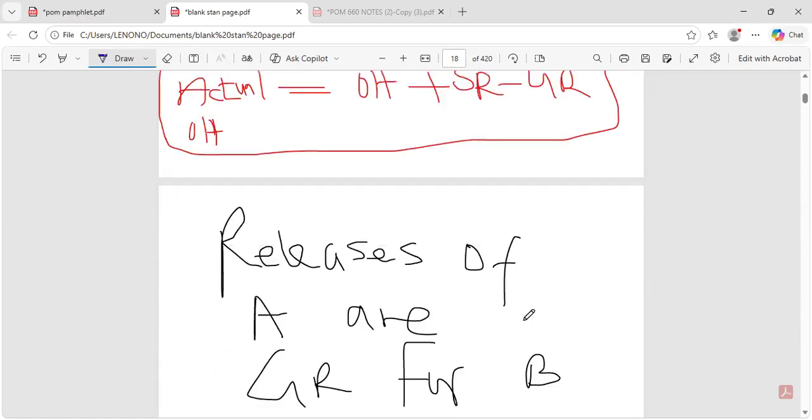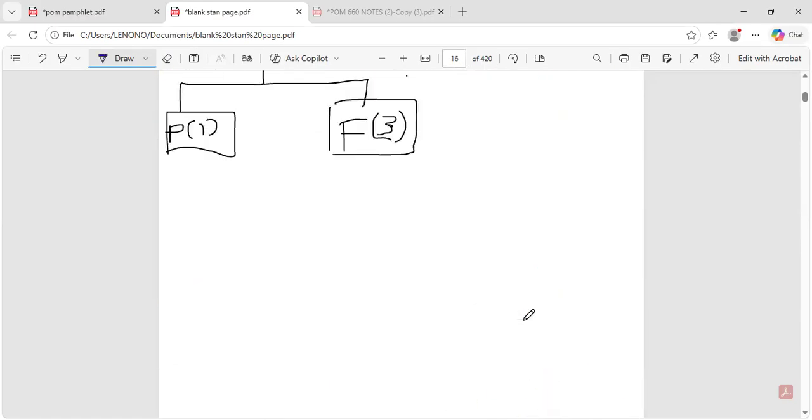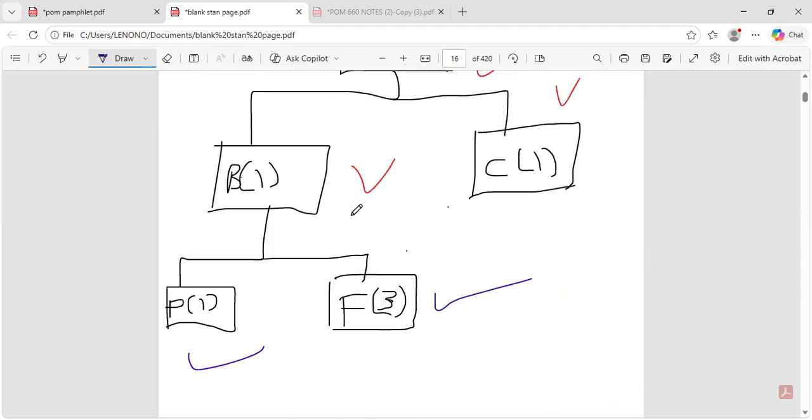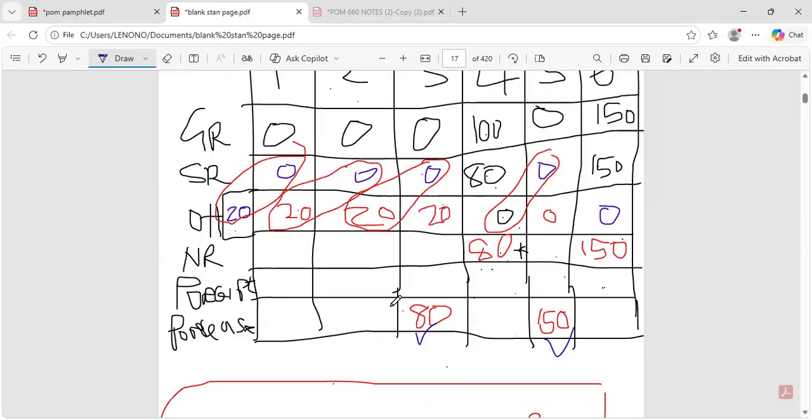All right, so your homework now, the task is to do MRP for P and F. Is that okay with you? So these are coming from where? So let me start for you with MRP for F. MRP for F is coming from B. Where is the B?